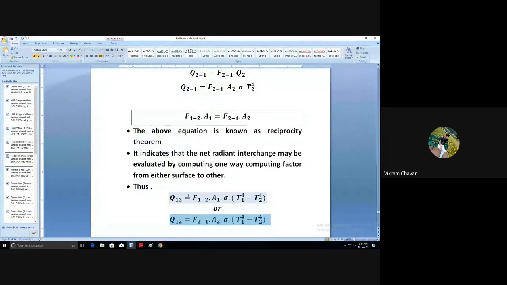So tomorrow we will discuss the network analogy for radiating heat exchange systems, and the last point is radiation shields and problems on radiation shields. Okay, so we will stop here for today. You can put up your roll numbers in the chat box, and you can leave this meeting. If you have any doubt, any question, if you have not understood anything, you can ask now.